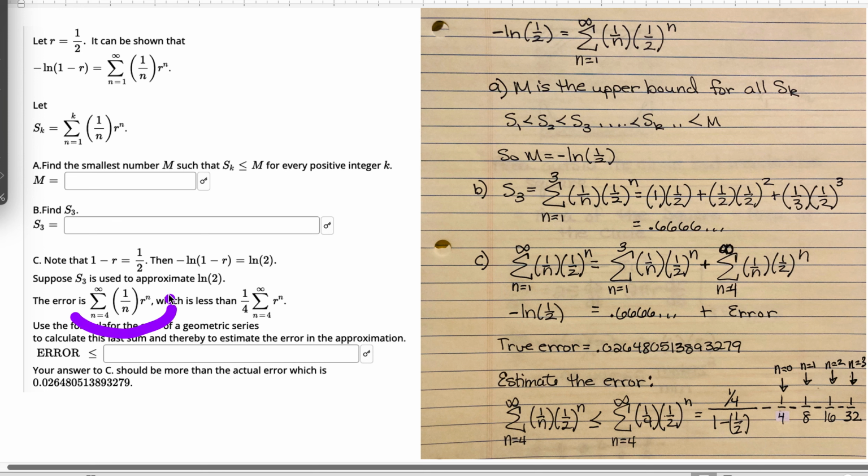They're saying this is the true error, which is less than this estimate, and all we have to do is figure out what this estimate is. Because we know that this is bigger than this, when we get our answer, it should be bigger than the actual error. And 0.03125 is definitely bigger than that.